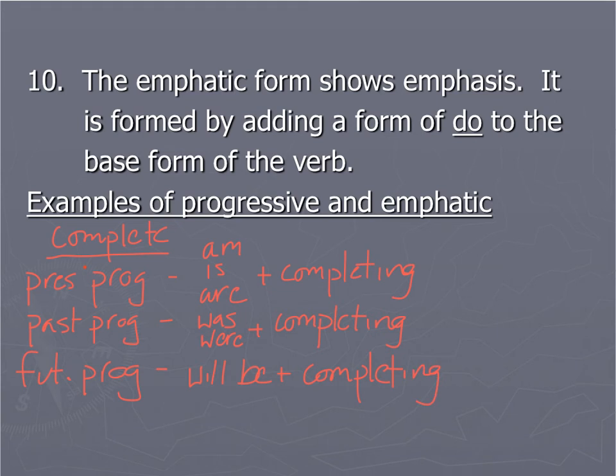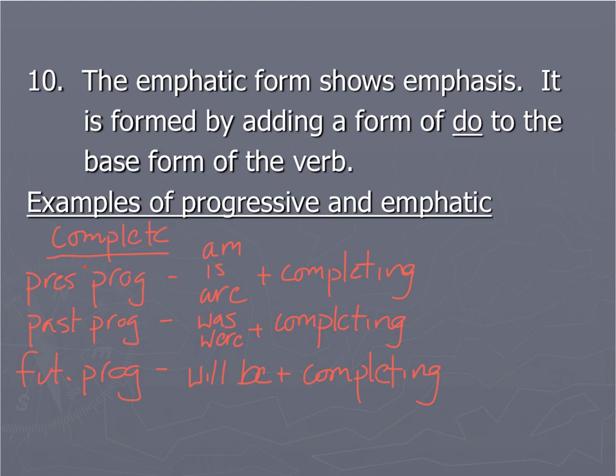Now, if we wanted to form the present perfect progressive, that would be have or has been completing. If we wanted to form the past perfect progressive, it would be had been completing. And the future perfect progressive would be will have been completing. Okay?